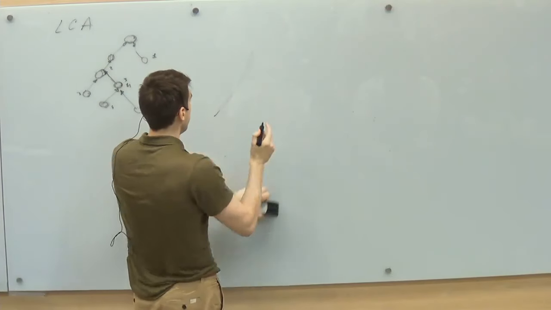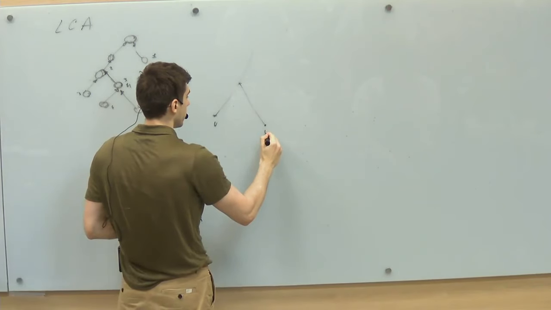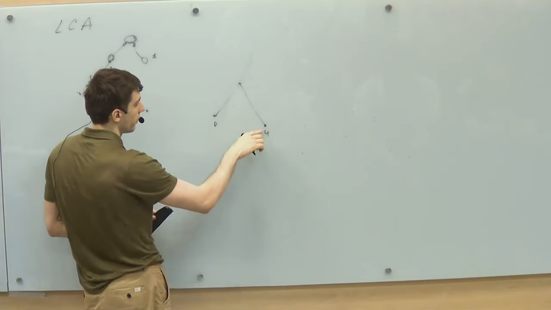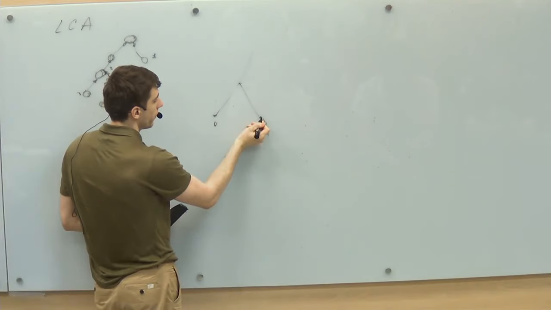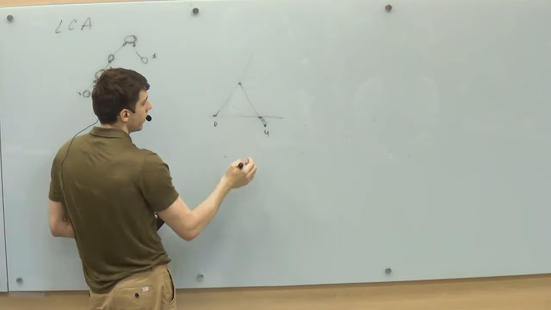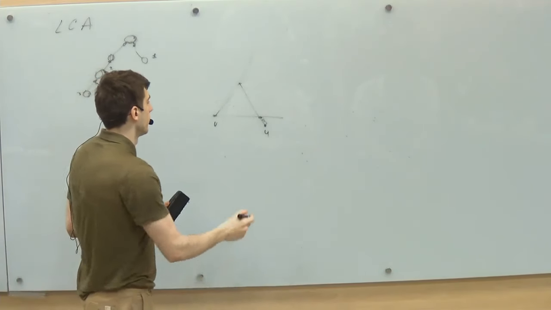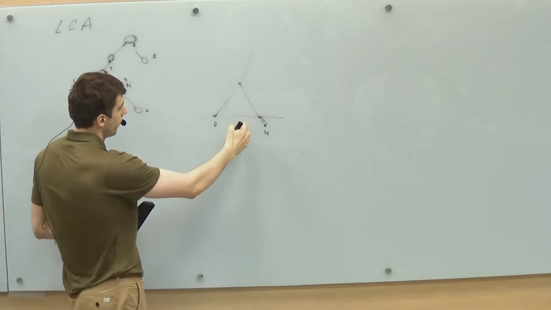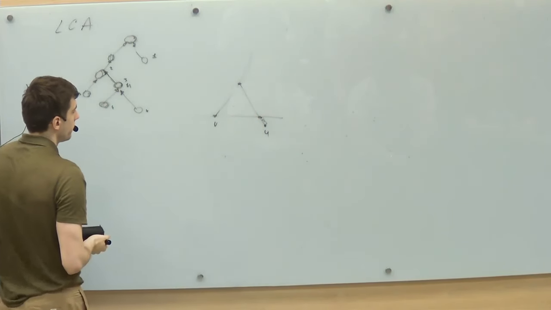Let me consider a common case. I have a picture like this. Here's the first vertex, here's the second. If this vertex has a larger depth, we can iterate several times and move up by the parents from this vertex until they have the same depth. The lowest common ancestor will still be somewhere up from both of these vertices.